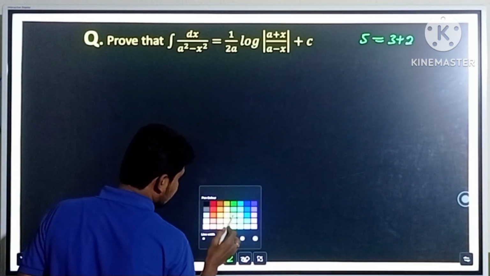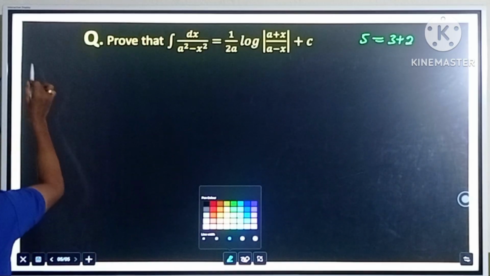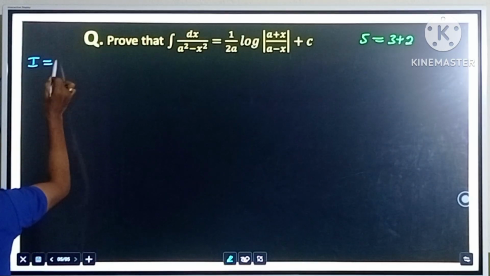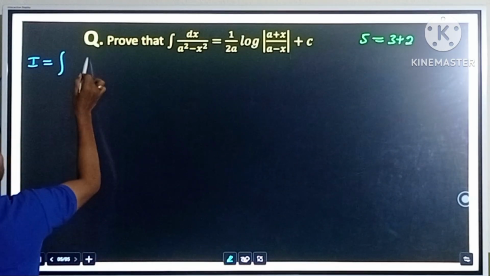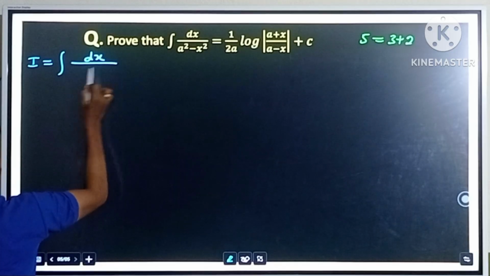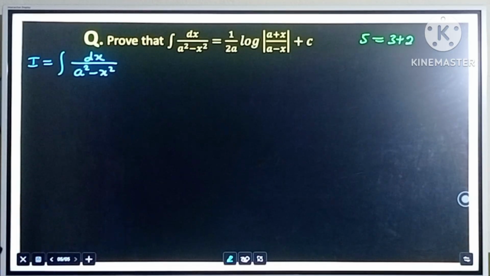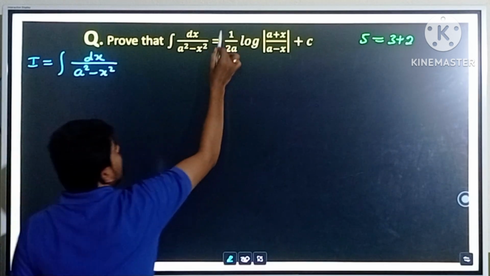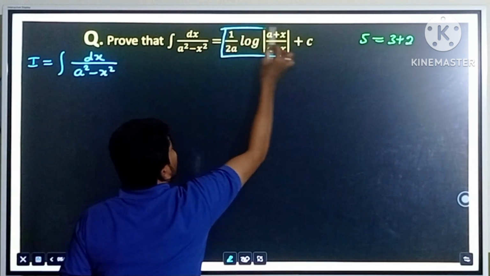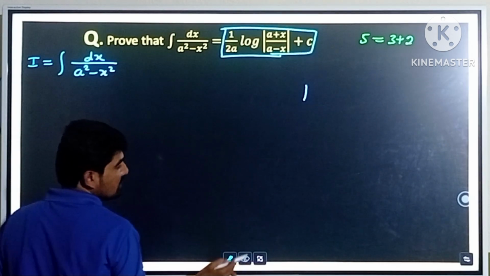To prove this, let I is equal to integration of dx divided by a square minus x square.